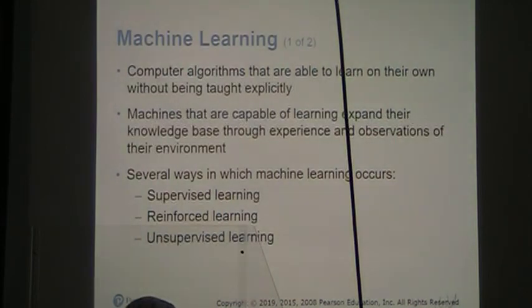All right, so a computer algorithm able to learn on its own without being taught explicitly, right? A neural network is like that. Once you set it up, you run it and run it and run it, and then you test it to make sure that it can make the correct decisions for given situations.